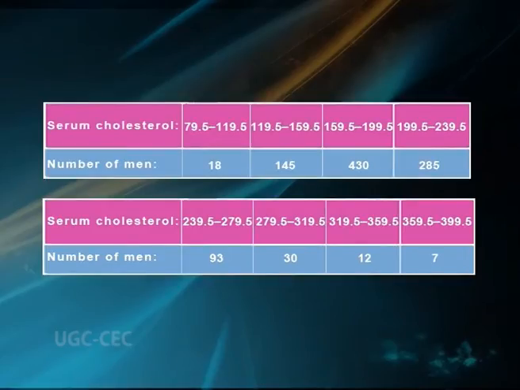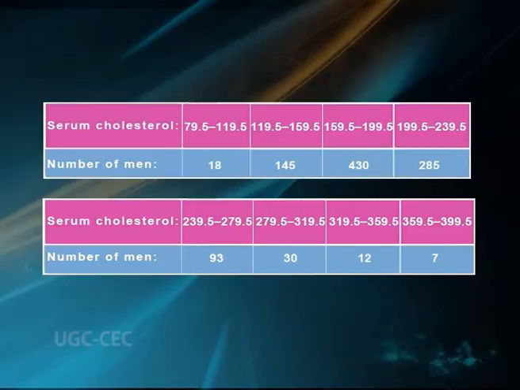Solution. First, balance the given classes of serum cholesterol measurements as follows. Serum cholesterol: 79.5 to 119.5, 119.5 to 159.5, 159.5 to 199.5, 199.5 to 239.5, 239.5 to 279.5, 279.5 to 319.5, 319.5 to 359.5, finally 359.5 to 399.5.